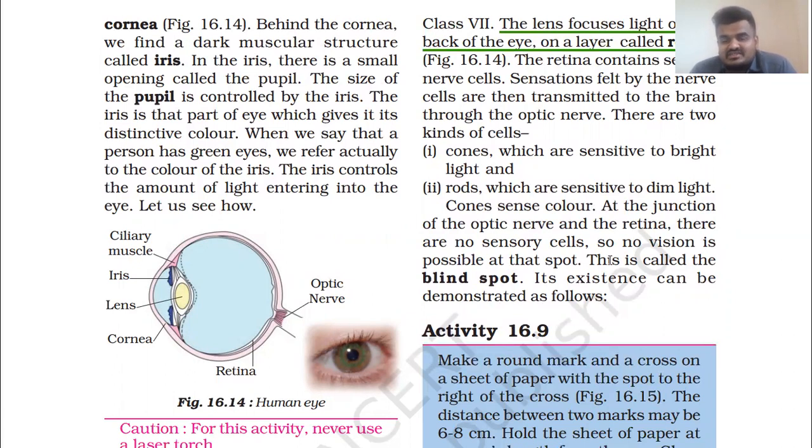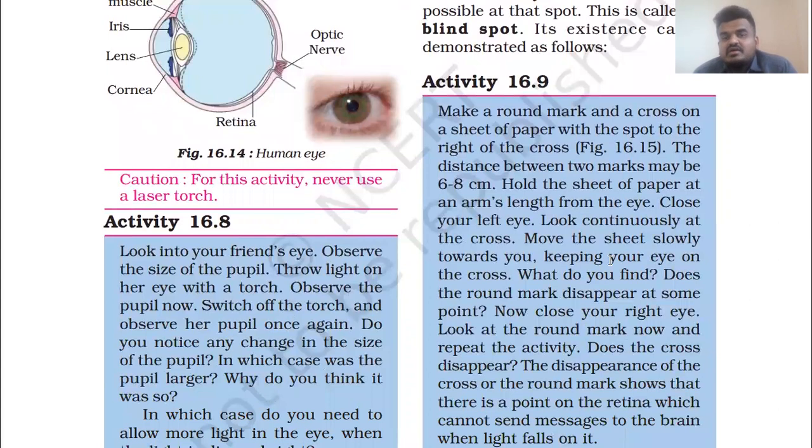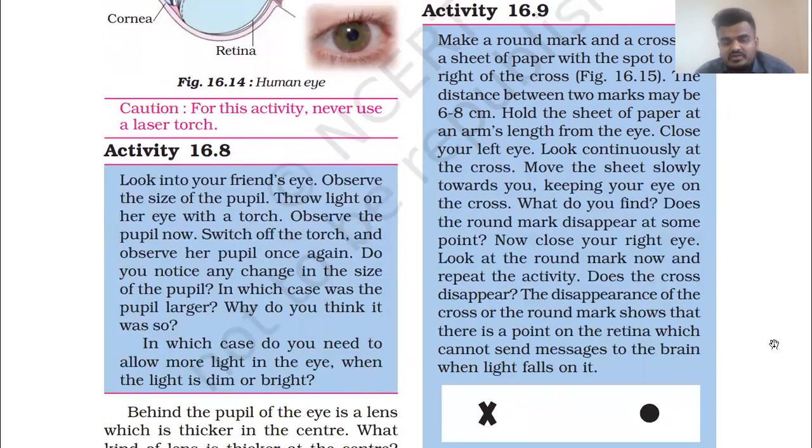Its existence can be demonstrated as follows. This activity 16.9 will help us to understand the blind spot. Make a round mark and a cross on a sheet of paper as given in figure 16.15.